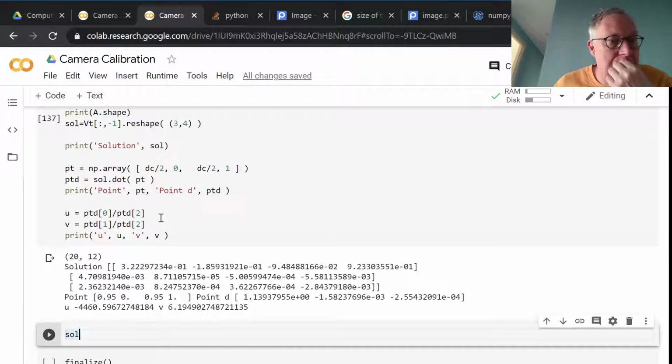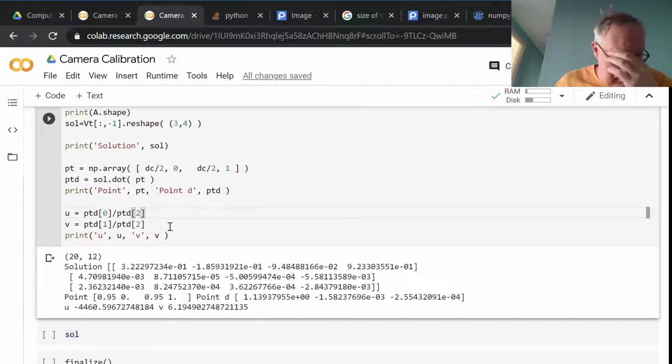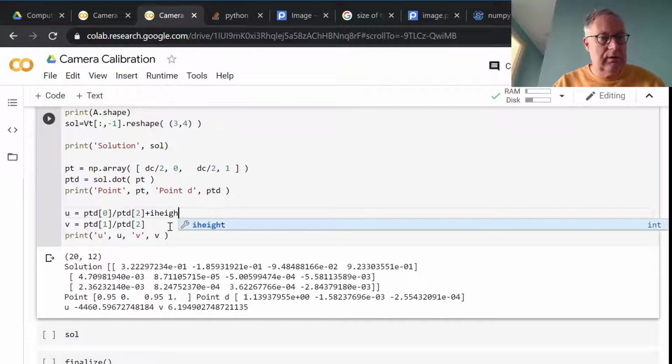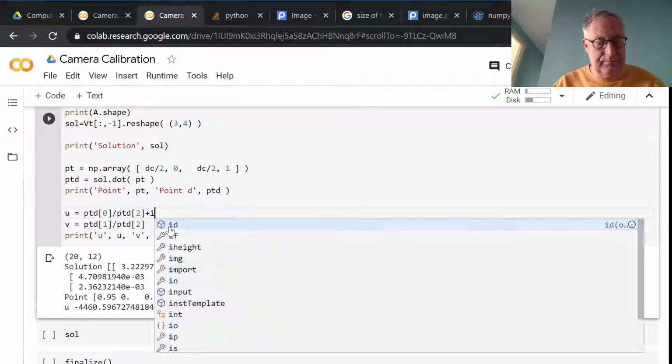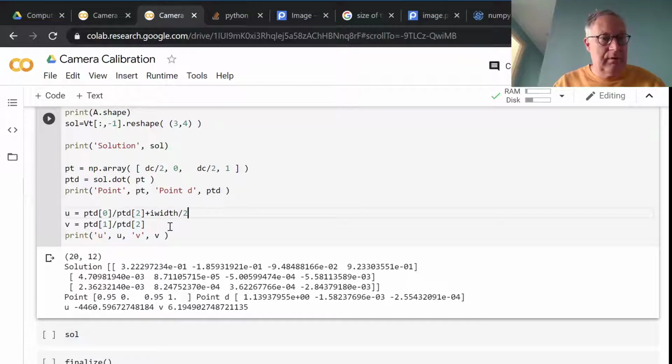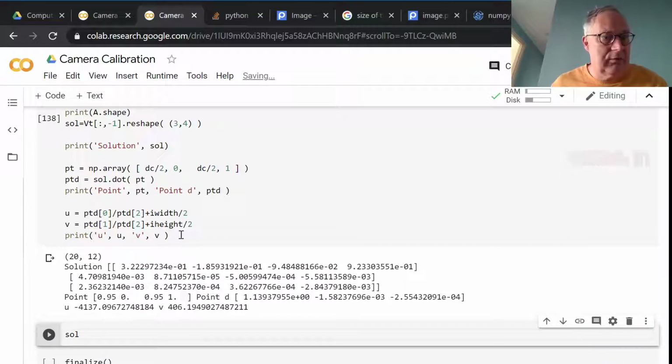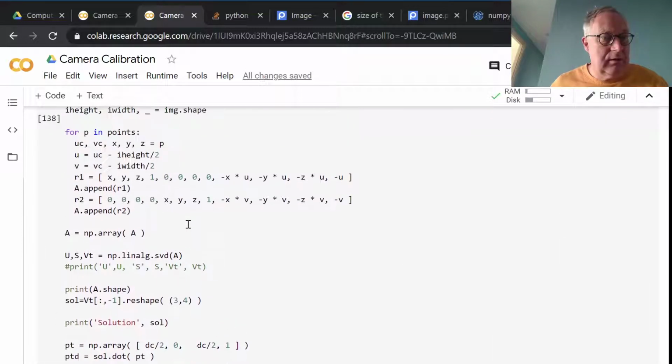Not much better. So usually we do this to the image. Does that actually solve it?